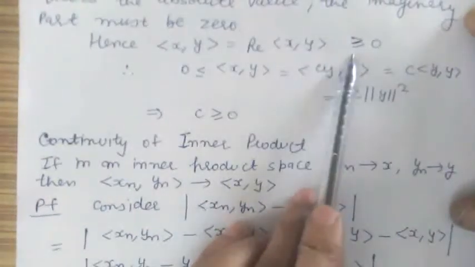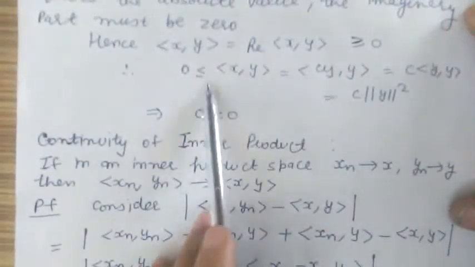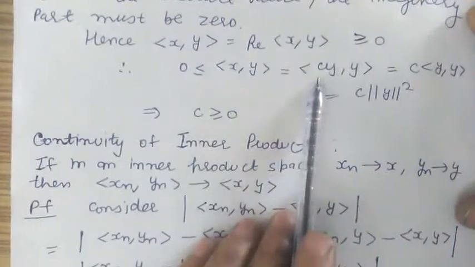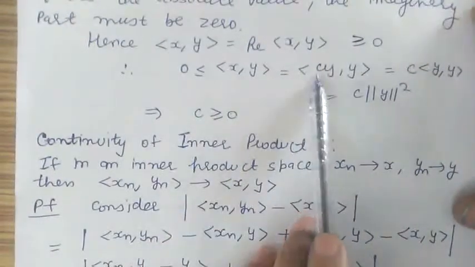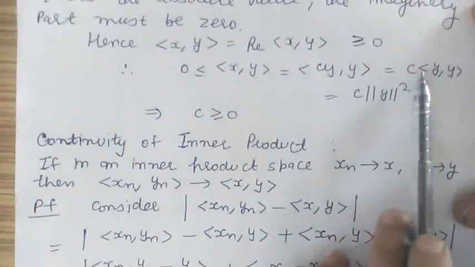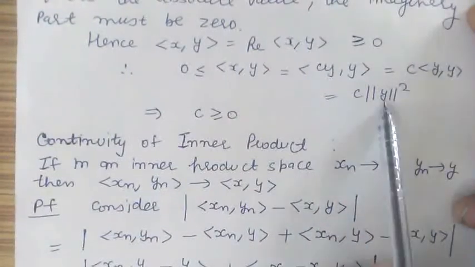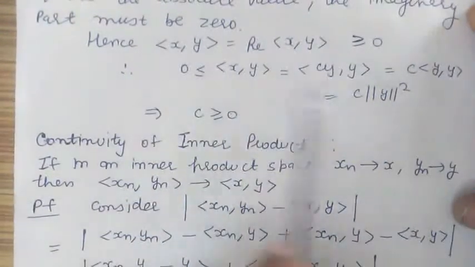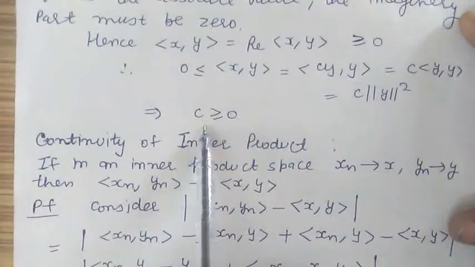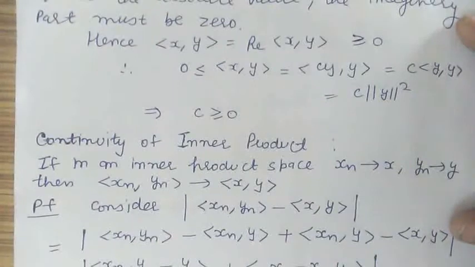But this is non-negative, so the inner product of x with y is greater than or equal to 0. Now x is cy, so putting the value here we get the inner product of cy with y. Now c can be taken outside, so this becomes c times the inner product of y with y. This is ||y||², which is greater than or equal to 0. So from here we get c is greater than or equal to 0. So this proves the properties of inner product spaces.